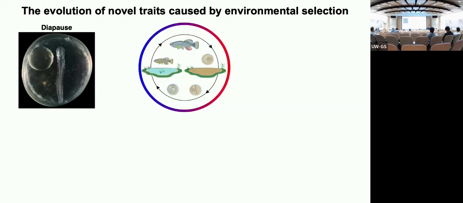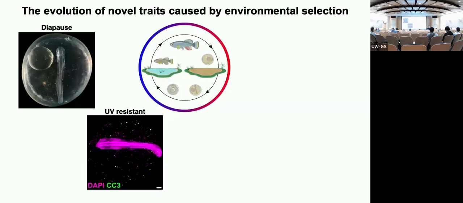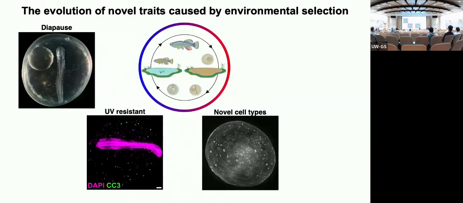So these animals, again, have interesting characteristics. They're able to pause their development. They're very hardy since they live in this muddy substrate. They're very resistant to UV damage. They also have cell types that other related organisms do not possess.